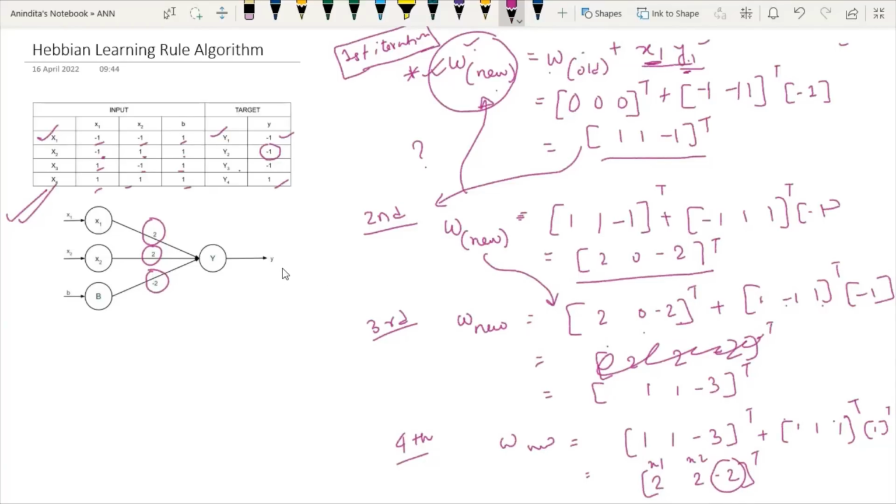So this is the neural network depicting this particular problem. Whenever we create an artificial neural network to solve the AND gate problem, the final outcome will be like this, where the updation of this artificial neural network is done through the Hebbian learning rule. So this is the outcome of the Hebbian learning rule.